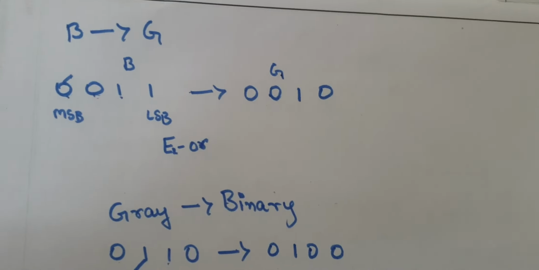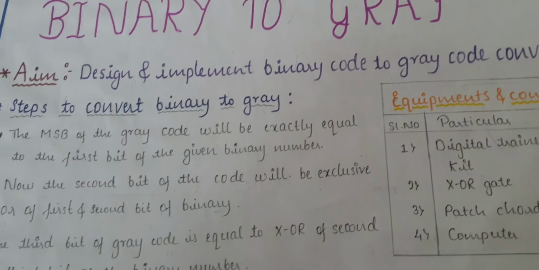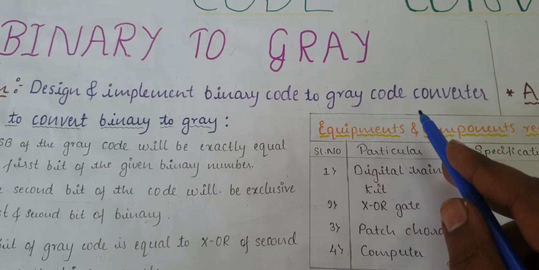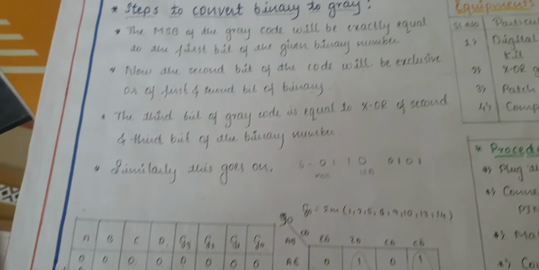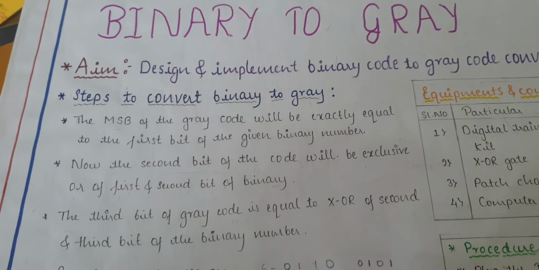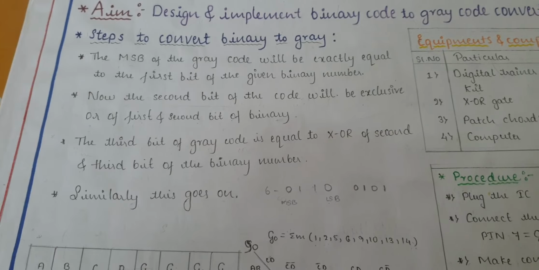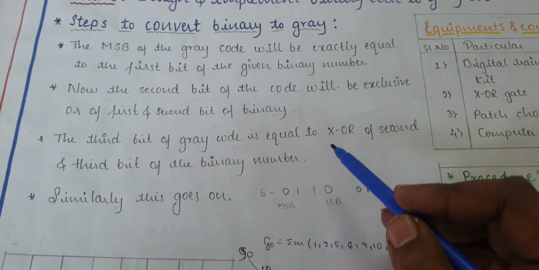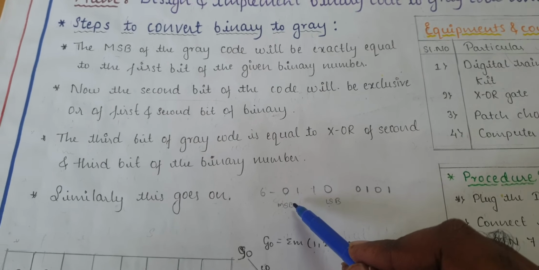Let's go with the lab experiment part now. The aim of the experiment is to design and implement a binary code to gray code converter. First we'll take up the binary to gray code converter. There are mainly 3 steps involved.